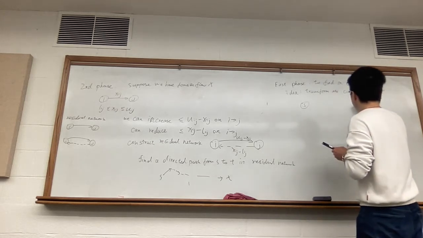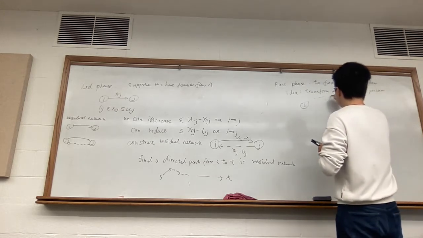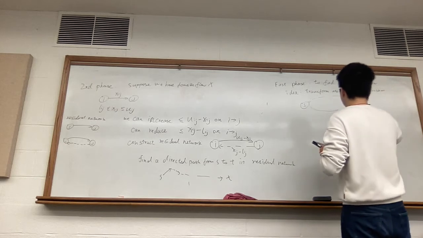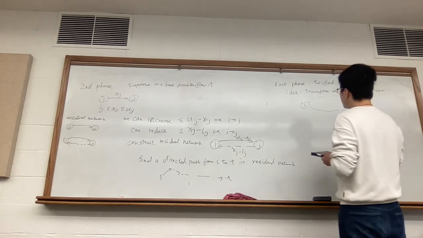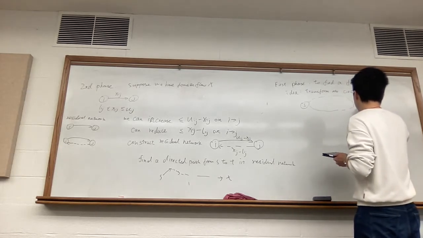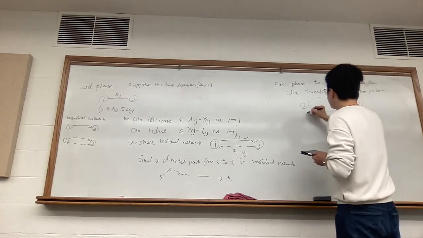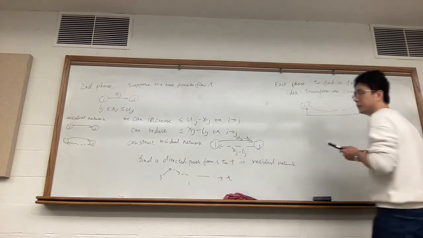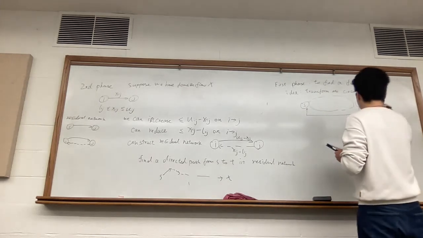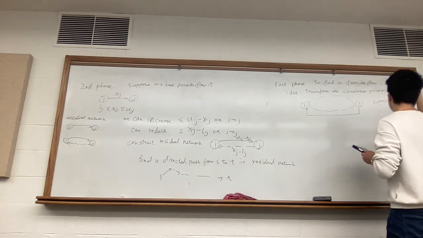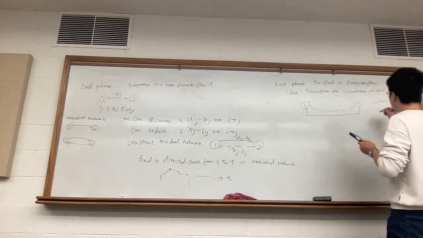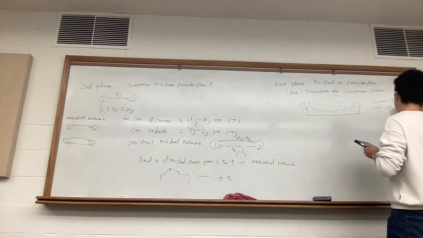This is your S, this is your T, and suppose these are the intermediate nodes and the arcs between them. Then to transform it into a circulation problem, we add an additional arc from T to S, with infinite capacity.